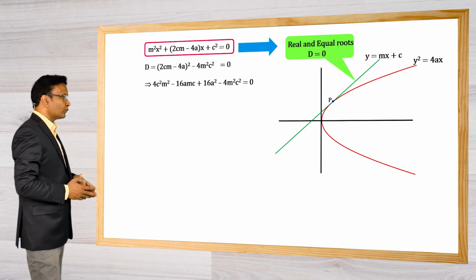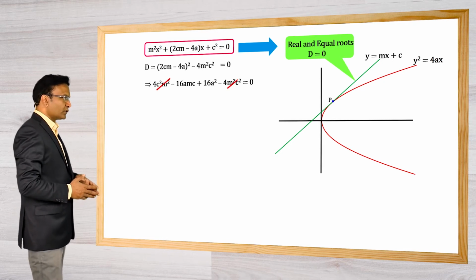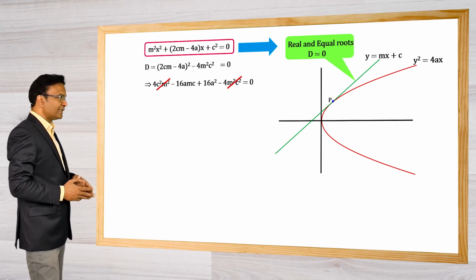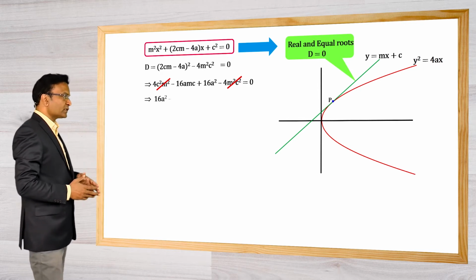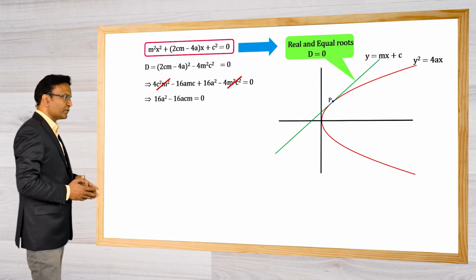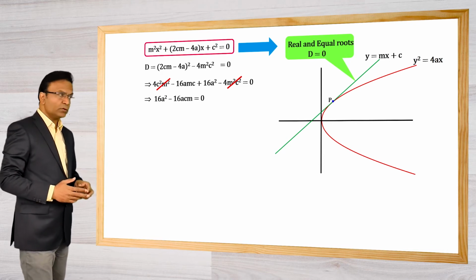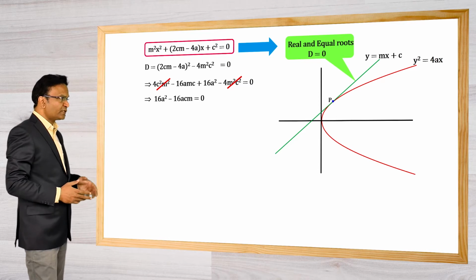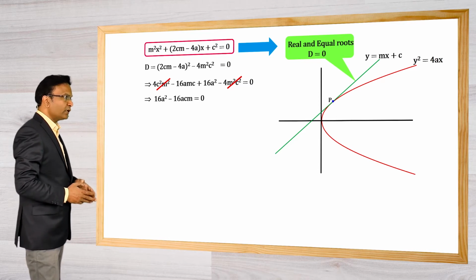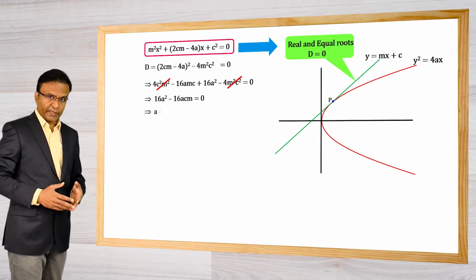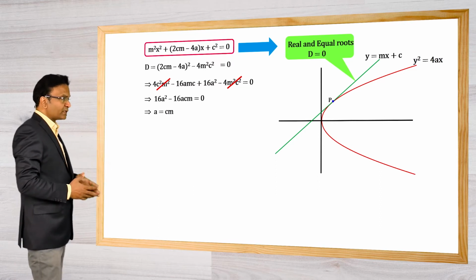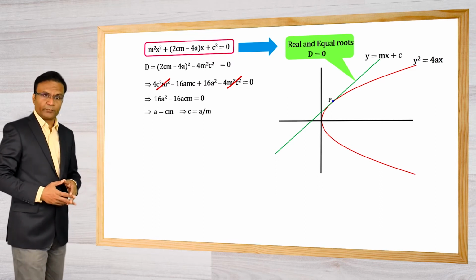We can cancel out 4m square c square, so we get 16a square minus 16acm is equal to 0. We can cancel out 16a from each term, so we get a is equal to cm, or c is equal to a upon m.